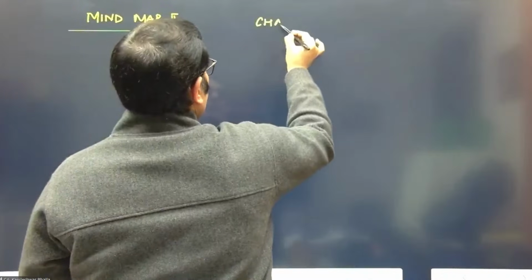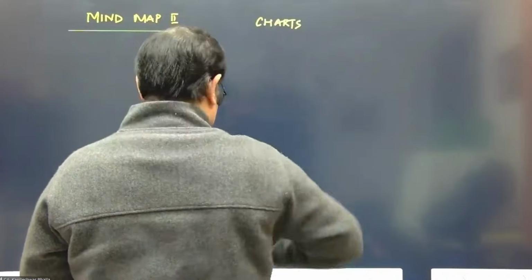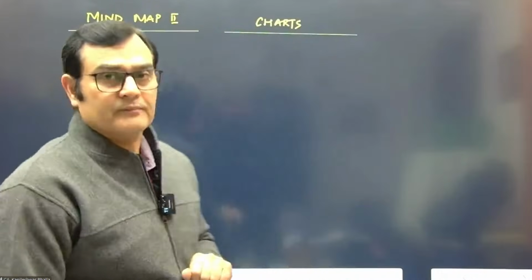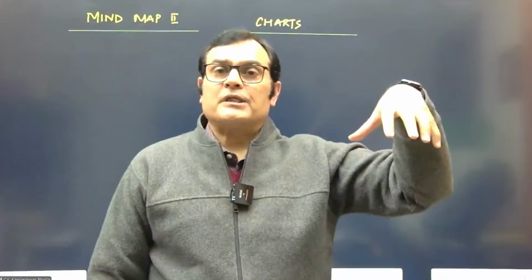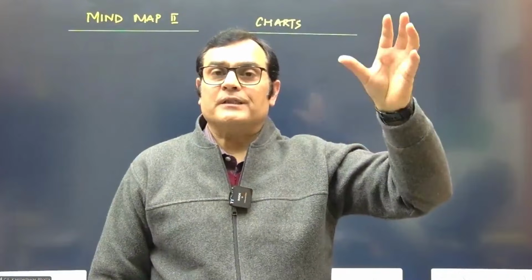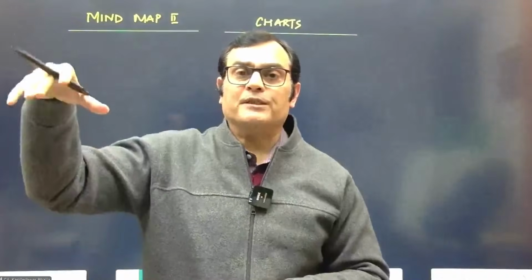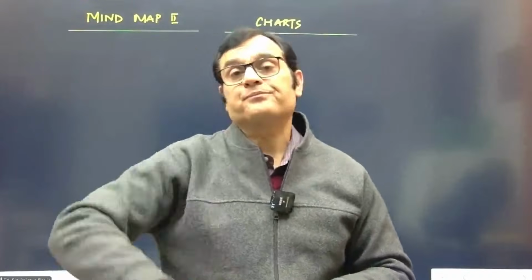So in the mind map number 2, I am going to consider the charts. We're going to make some permutations and combinations of charts in this case, and we will make a total of 3 charts. In the first chart, when it is supposed to be an equity instrument for the issuer, we'll end up saying it's an equity investment, chart 1.